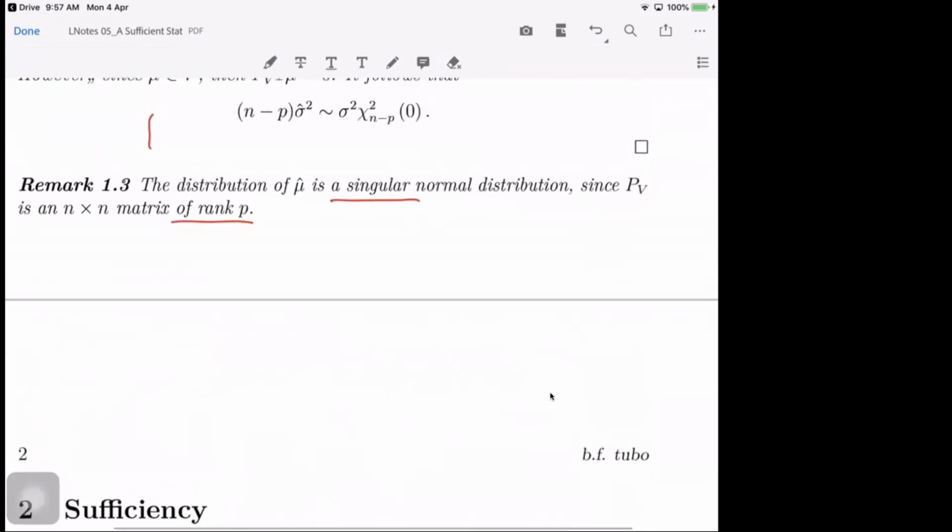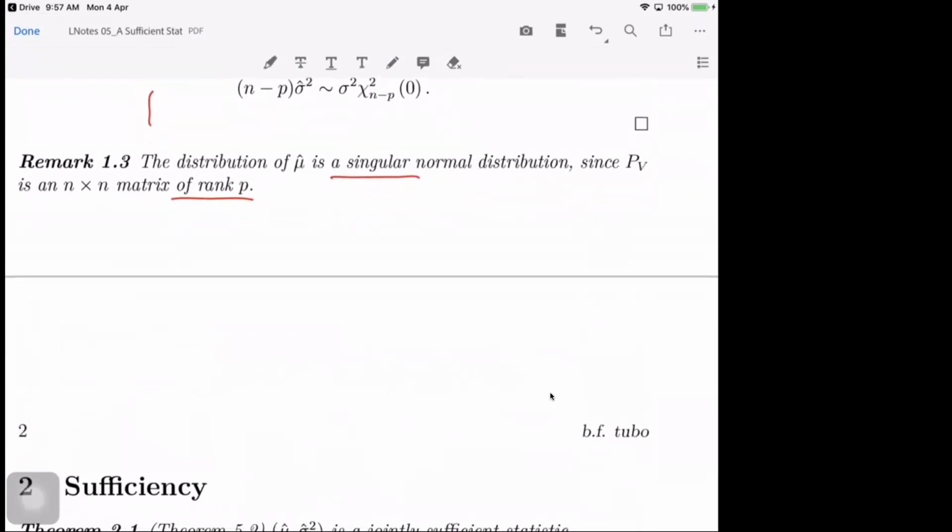Unsa ganitong inverse nag-exist, singular or non-singular? Non-singular, ma'am. Non-singular. Unsa ang matrix na ang inverse nag-exist? The singular or the non-singular? None, ma'am. None po. Kung non-singular, inverse always exists.